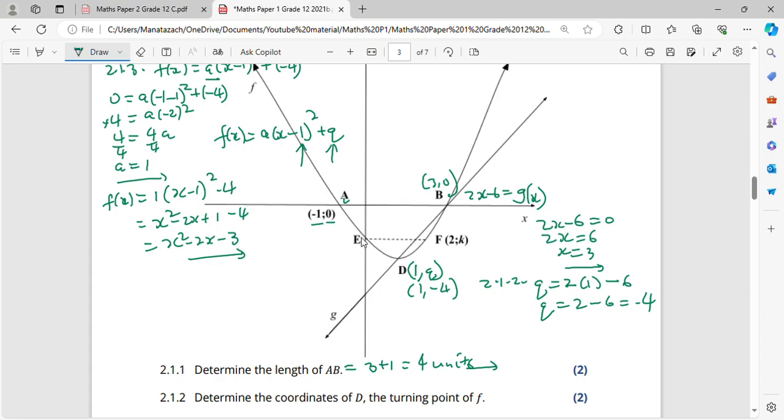So since we know the equation for f of x in this format, we can conclude that the coordinates of E is 0 and -3. So since E and f are the mirror images, that means k is also going to be -3. So 2.1.4, I'll just say here k is -3. That is it. As short as that.